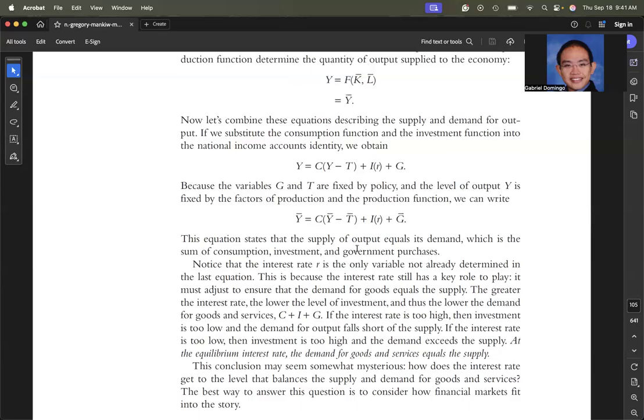And the only thing that's not fixed is investment and R. So the variable that makes sure that Y bar equals C plus I plus G is in fact investment or the real interest rate. That's the price that makes sure that total output equals total expenditure on the right-hand side.